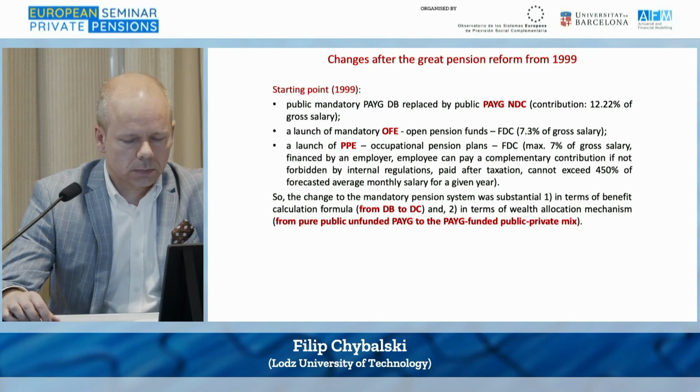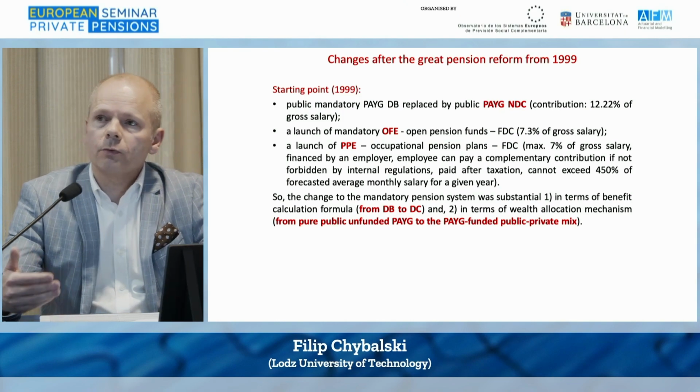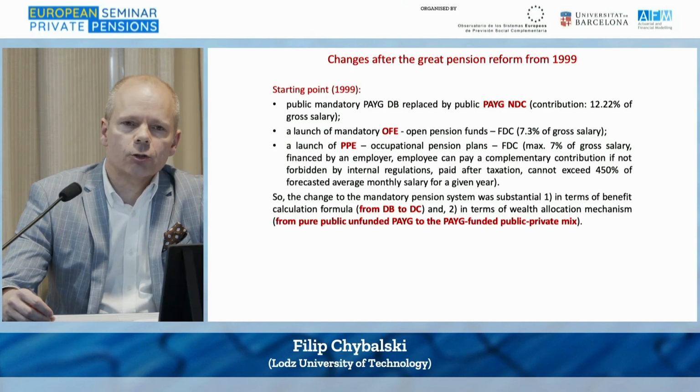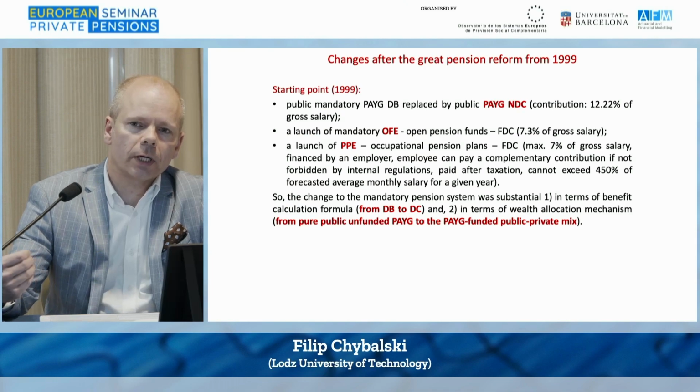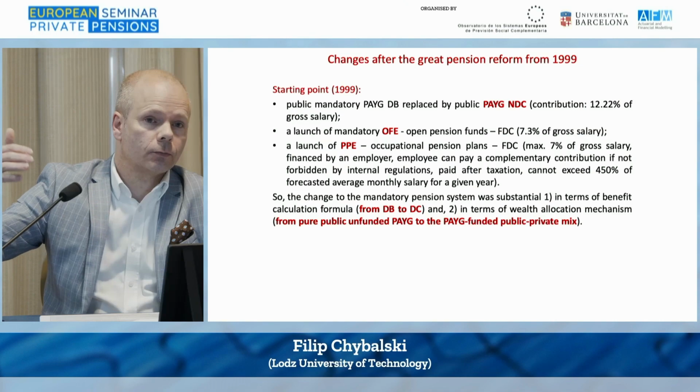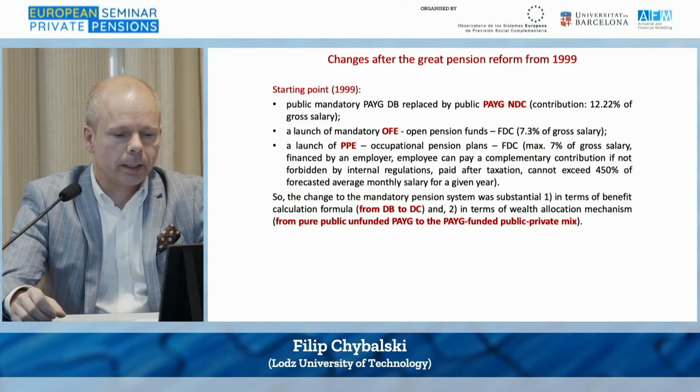So the next point was to develop the third pillar, and the third pillar was addressed to those who want to achieve a higher level of replacement, of consumption smoothing, of income replacement.